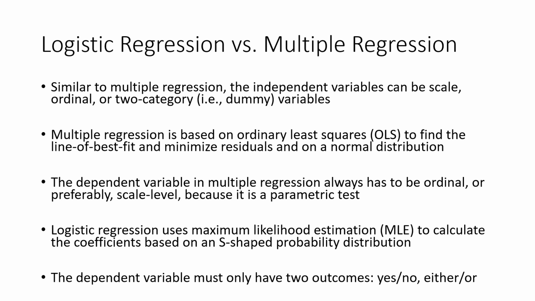Just like with multiple regression, there were B coefficients, there are also B coefficients in logistic regression, except these coefficients are based on an S-shaped probability distribution. If that's not clear, don't worry, because it will become clear over the next couple of slides what I mean by an S-shaped probability distribution.